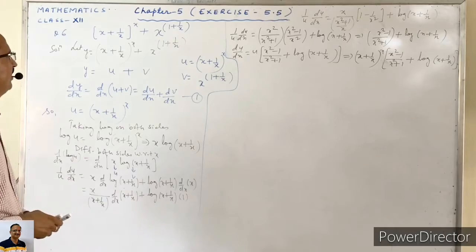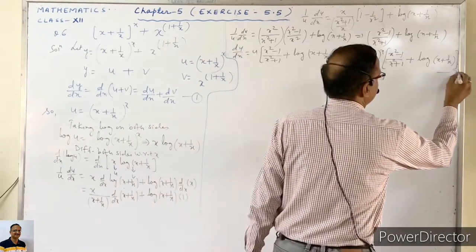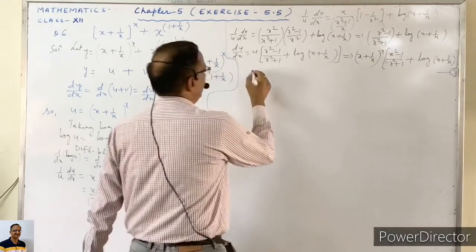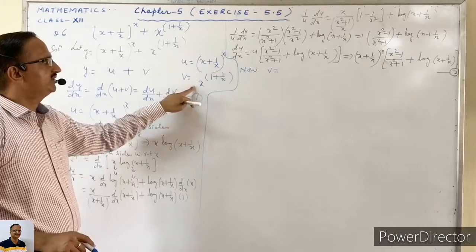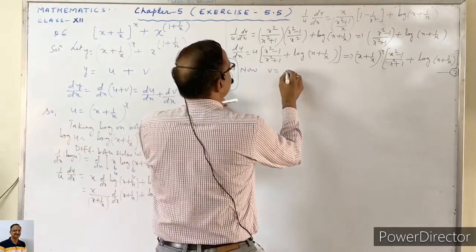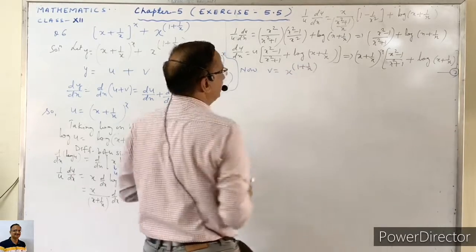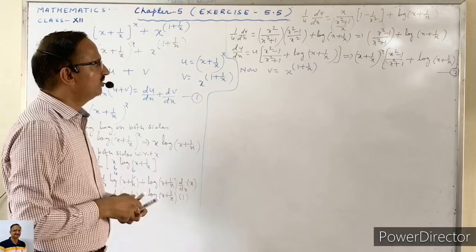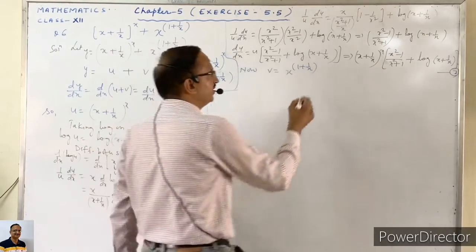Now we will find the value of dv by dx. Suppose this is second. Now v is x raised to power 1 plus 1 by x. In this also we will find the derivative with the help of logarithm.